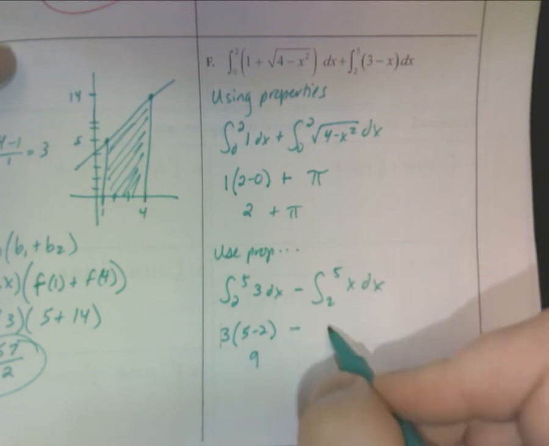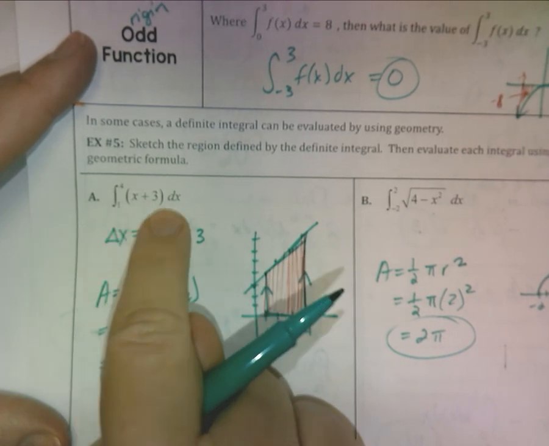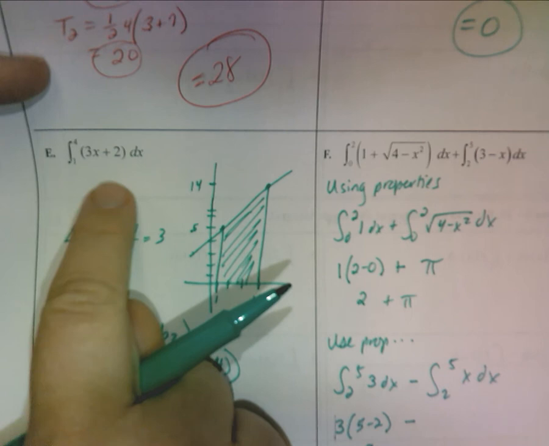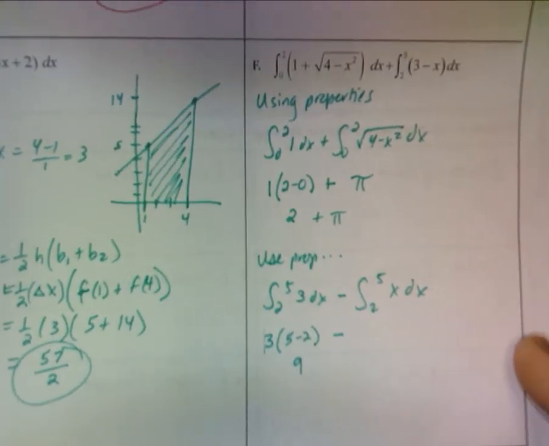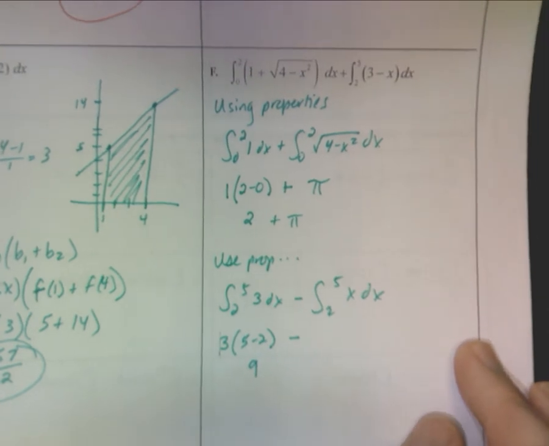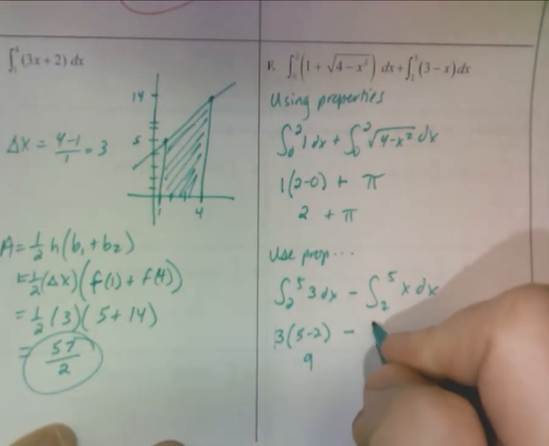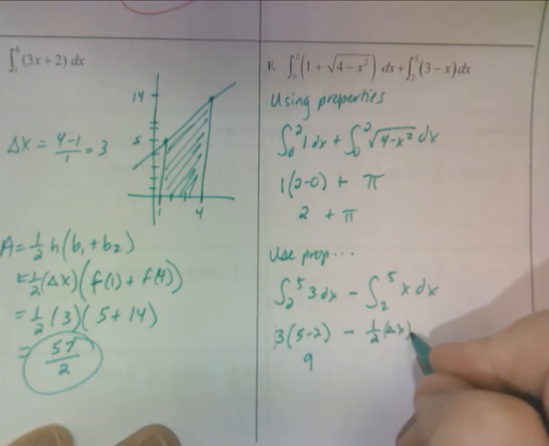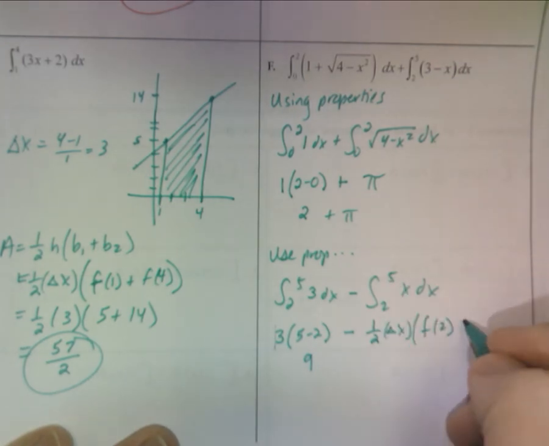And the integral from 2 to 5 of x, well, if you notice, we were doing a line here and a line here, and they both ended up being trapezoids. So if I just follow this trapezoid formula here, I would just do 1/2 delta x times f at 2 plus f of 5.